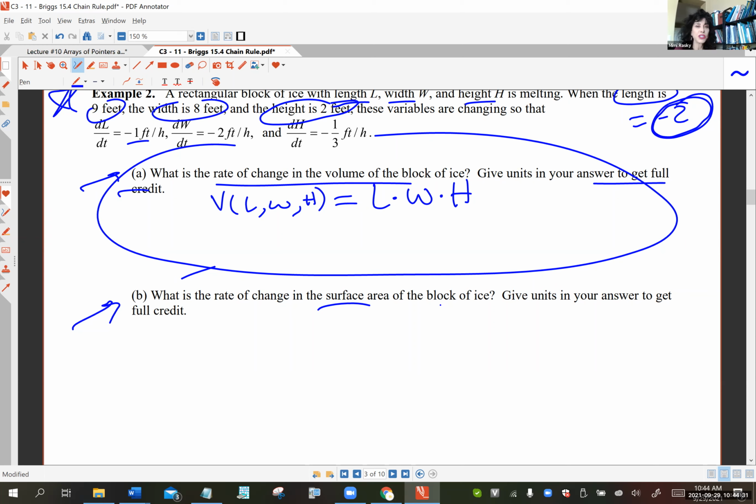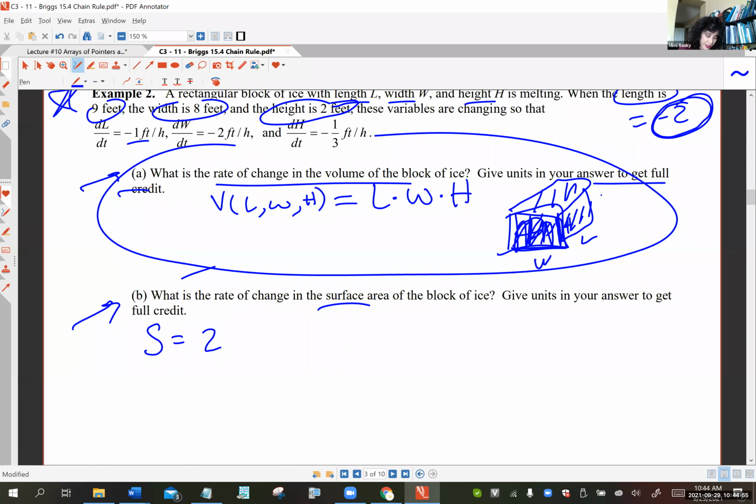What is the surface area of a rectangular box? If you look at all the sides of the box and add up all of those areas, that'll give you the overall surface area. So I'm going to call it S, and you'll get 2 times width times height. So if you looked at the width times the height, that'd give you the front face of the box.